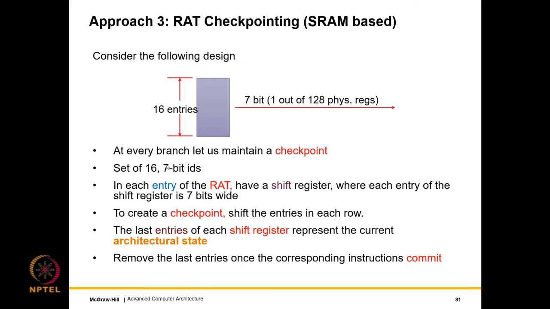So if we are considering only branches and the only source of flushing and recovery is a branch misprediction, whenever we encounter a branch we should maintain a checkpoint. Whenever we see a branch, we simply take a checkpoint of the rename table, which is essentially a set of 16 7-bit IDs, 112 bits total.